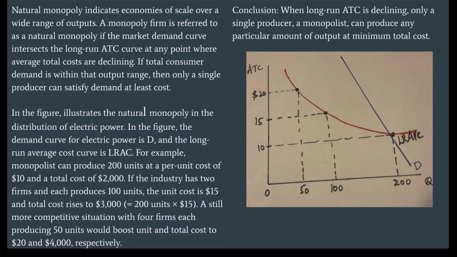A still more competitive situation with four firms each producing 50 units would boost unit and total cost to $20 and $4,000 respectively. Conclusion: when long-run ATC is declining, only a single producer, a monopolist, can produce any particular amount of output at minimum total cost, which is illustrated in the figure.